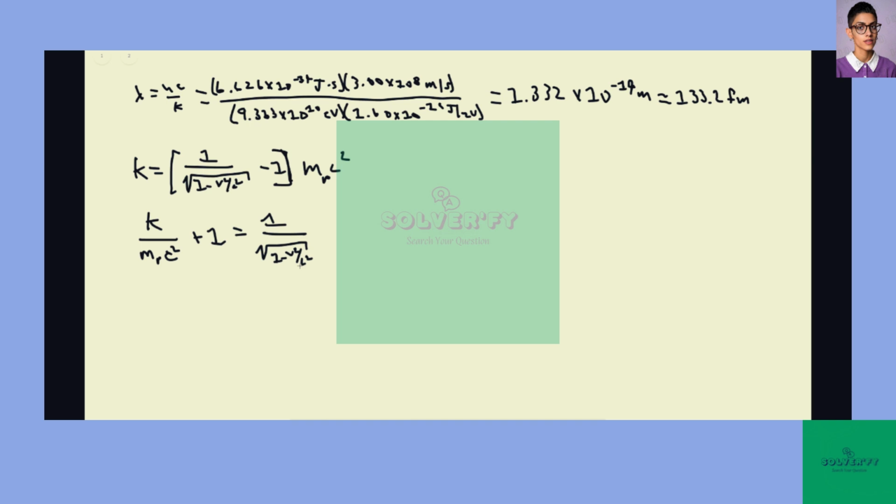Okay, so now let's combine these. We have k plus mpc squared over mpc squared is equal to 1 over the square root of 1 minus v squared over c squared. Rewrite this a little bit.